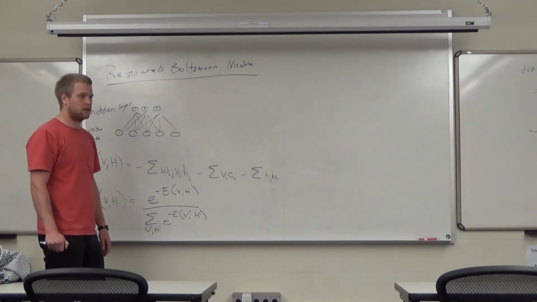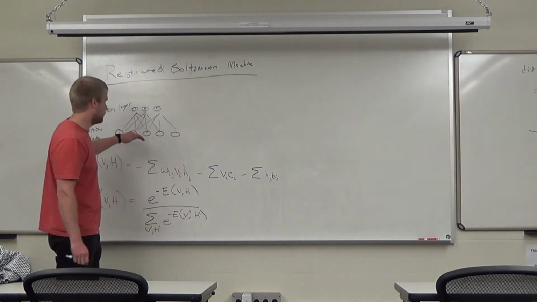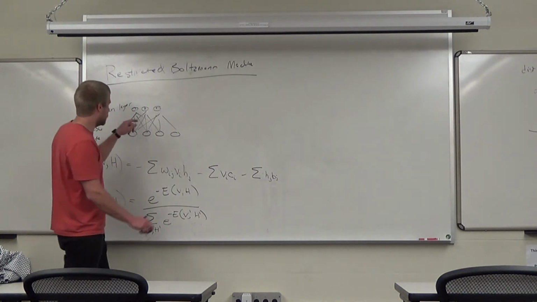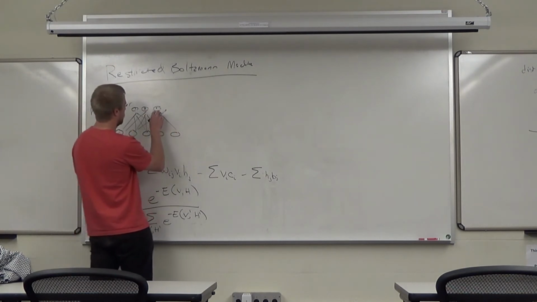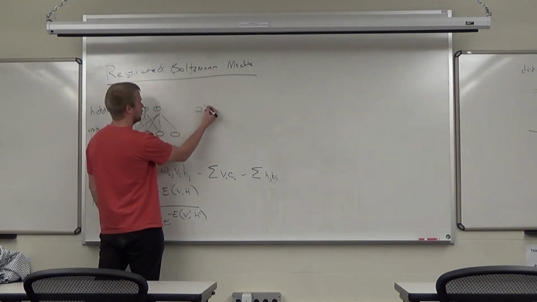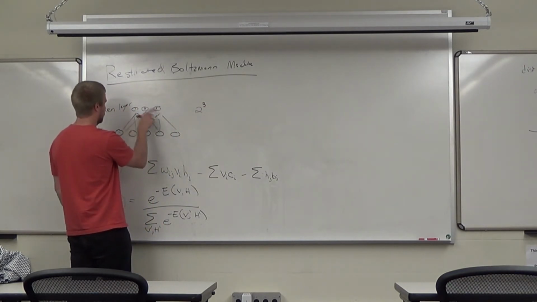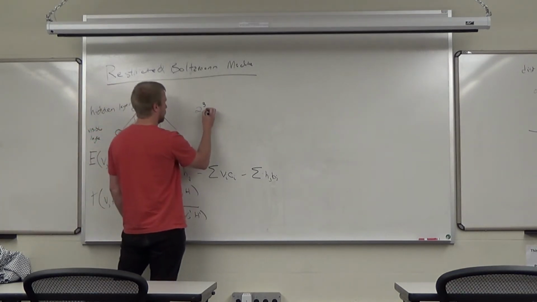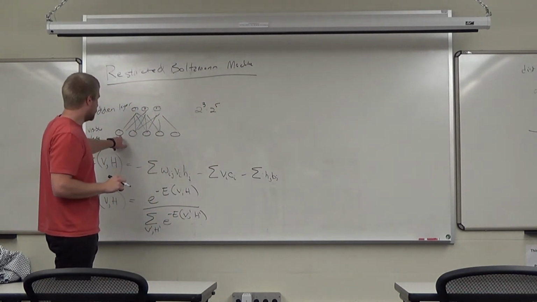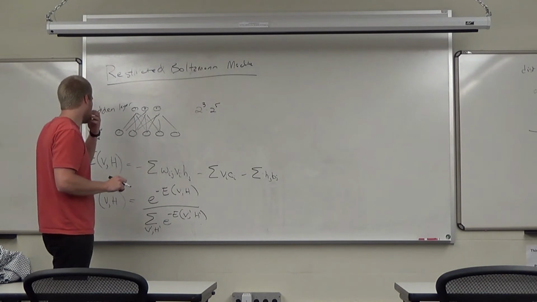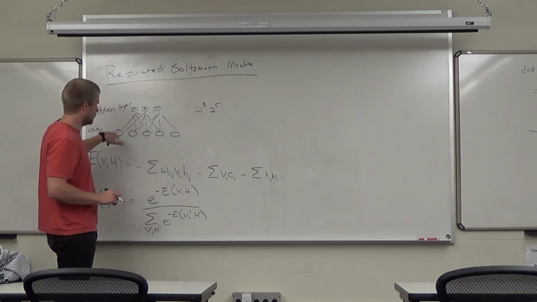So basically, you would compute the energy for all the possible assignments. In this case, each one of these can take a value of 1 or 0, so there are 2 to the 3 possible ways to configure the hidden nodes, and then 2 to the 5 possible ways to set the visible nodes, and for each one of these you could have a different one down here.